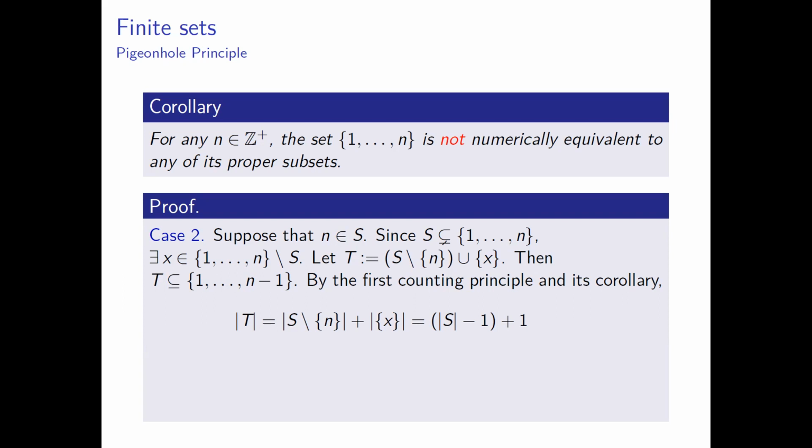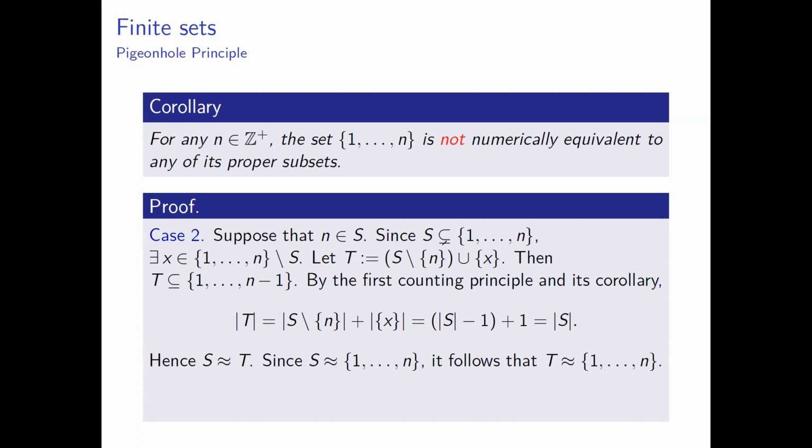The singleton with element X has cardinality 1. Therefore, the cardinality of T is equal to the cardinality of S. Hence, by the definition of numerical equivalence, the set S is numerically equivalent to the set T.